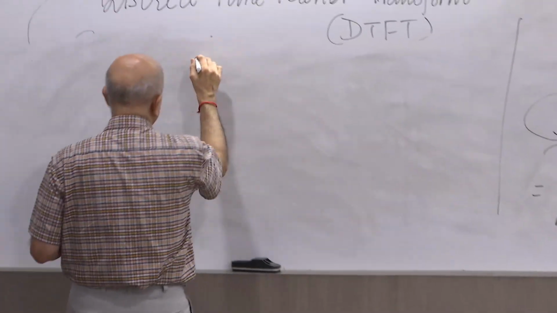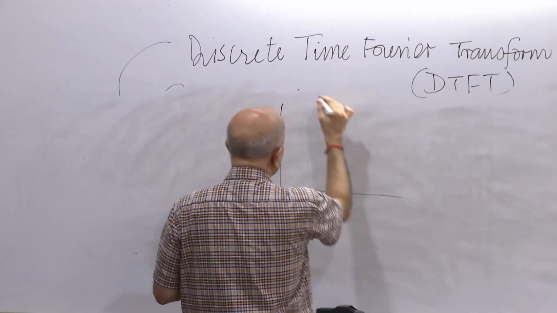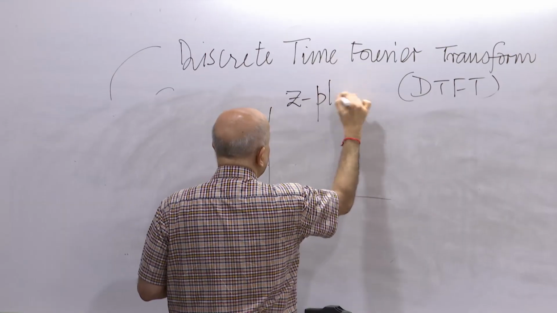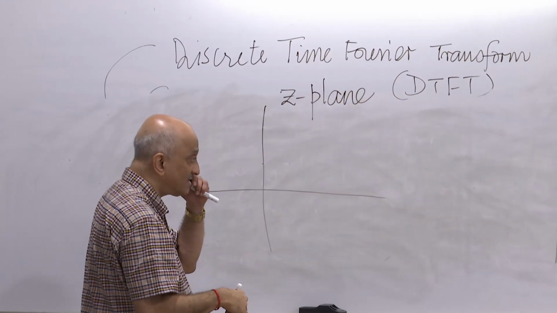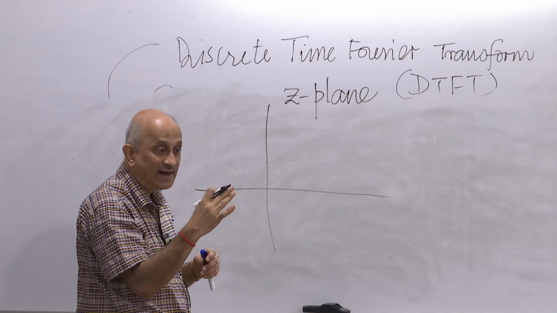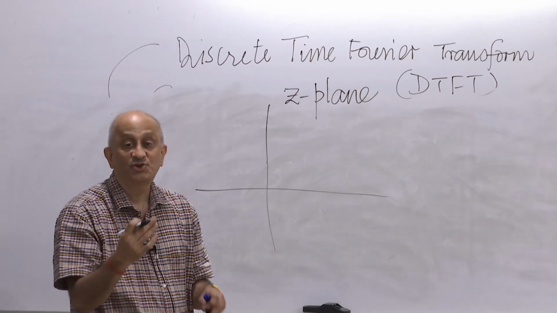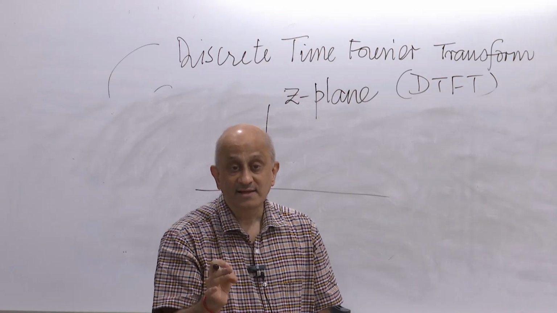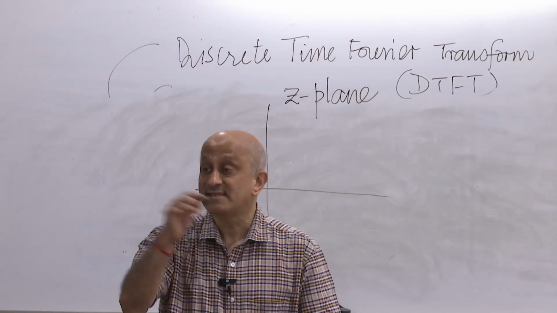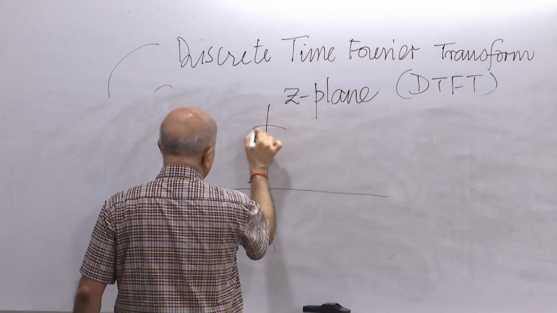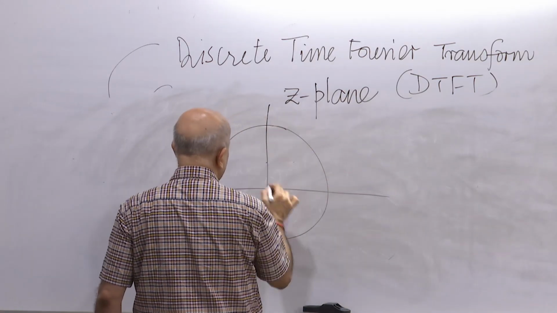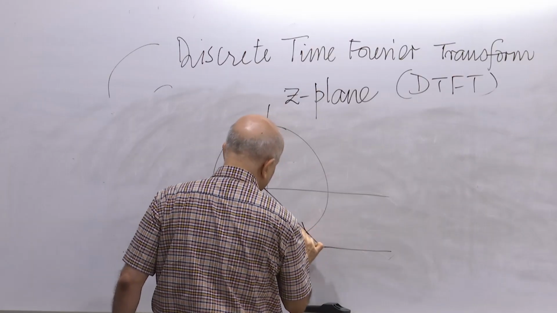So let us sketch. The Z plane is the complex plane, right? Now we wish to sketch that region of convergence. Every value of R gives you a contour. The constant R contour is essentially a circle centered around the origin, right? So take the circle with radius R centered at the origin.